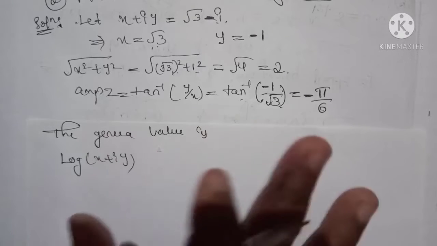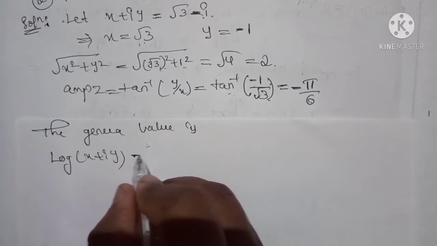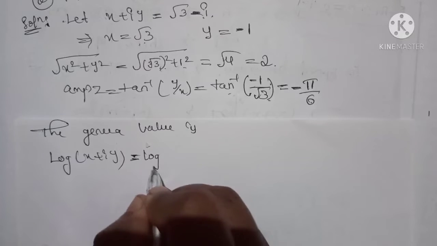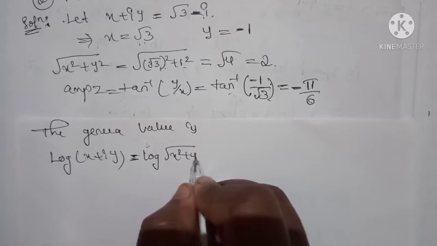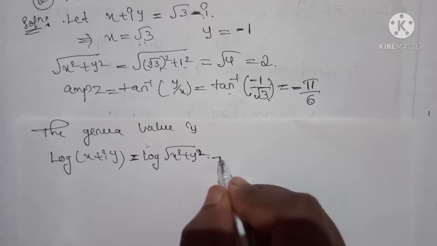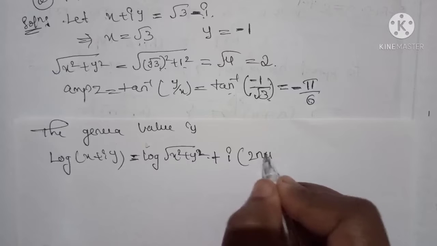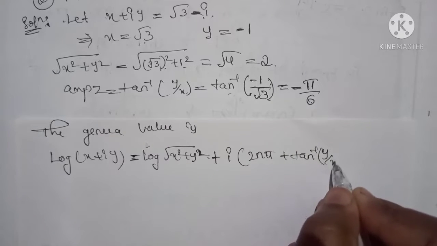So better you write the formula every time, that will be good practice for you. It equals log of square root of x square plus y square plus i times 2n pi plus tan inverse of y by x.